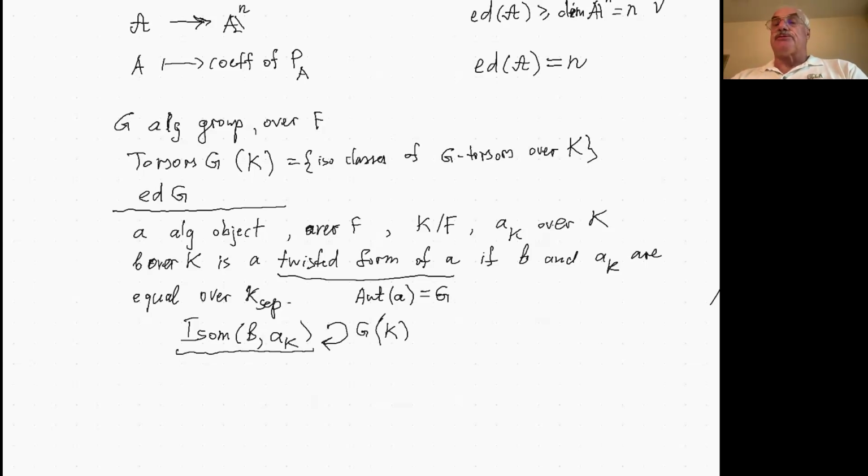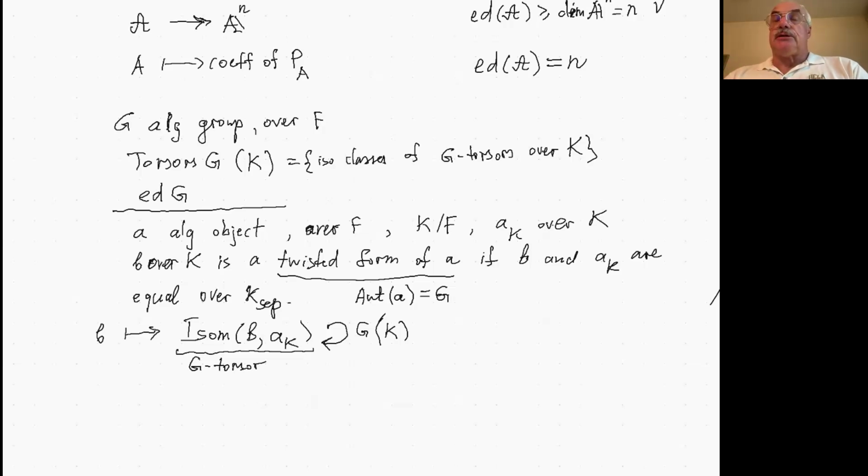Every two isomorphisms between B and A_K differ by an automorphism of A. So it's a G torsor. So every twisted form of A gives you a G torsor, where G is the automorphism group of A.